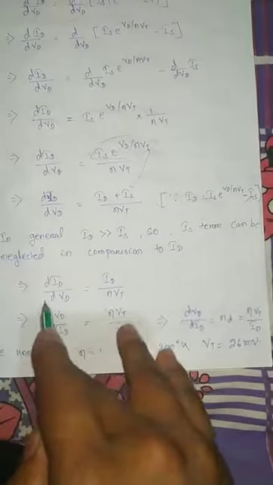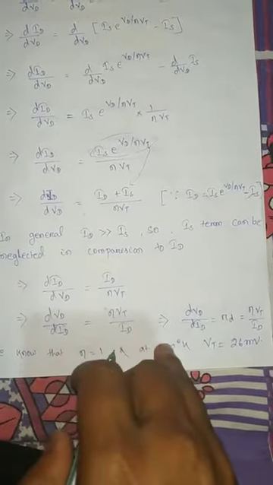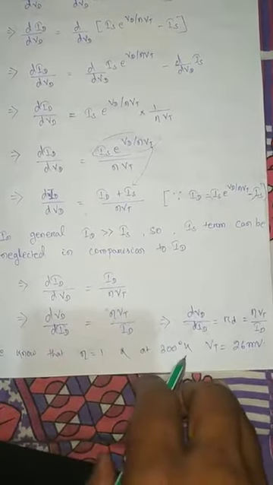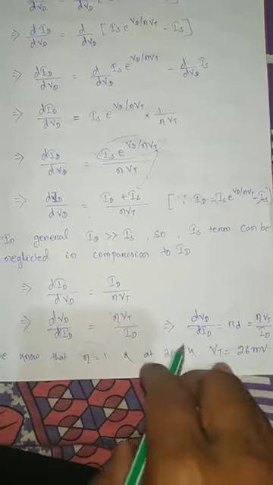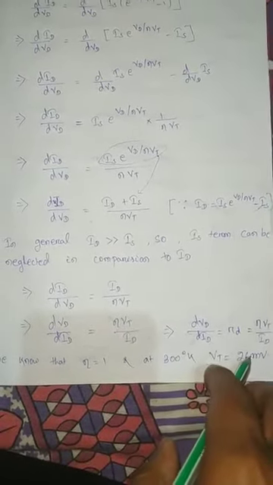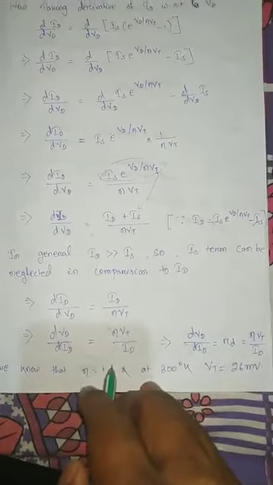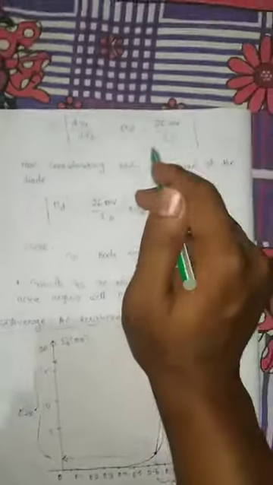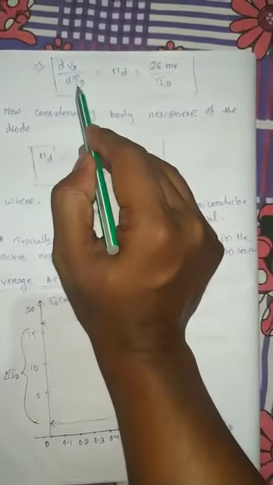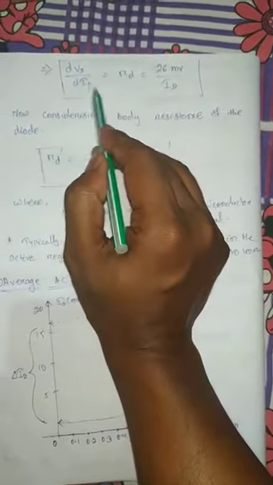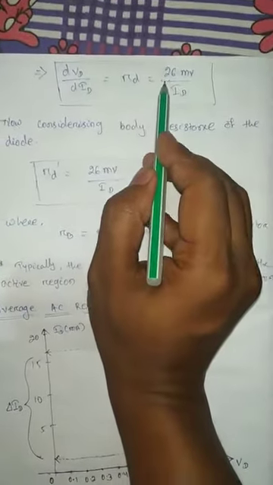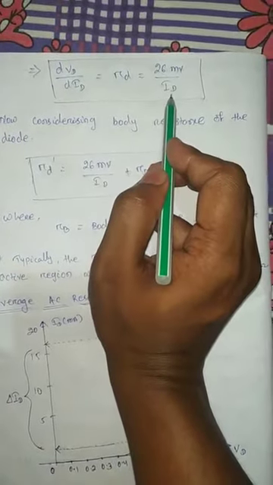Taking eta as 1, and the thermal voltage Vt at 300 Kelvin as 26 millivolt, the diode dynamic resistance is Rd equal to 26 millivolt divided by Id.